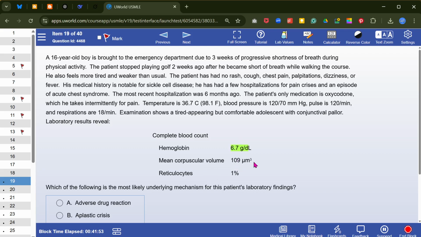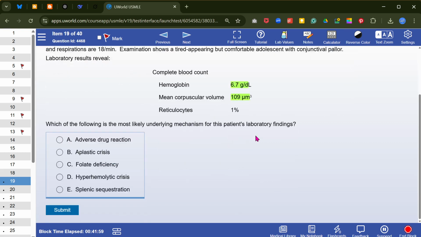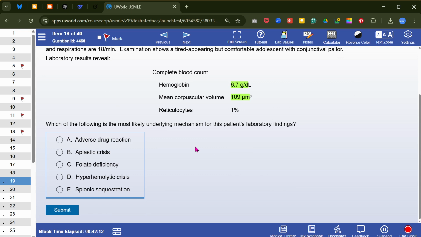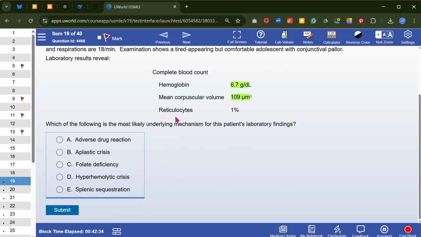Hemoglobin is low, MCV is high. Is it macrocytic anemia? Yeah. Vitamin B. What is that?